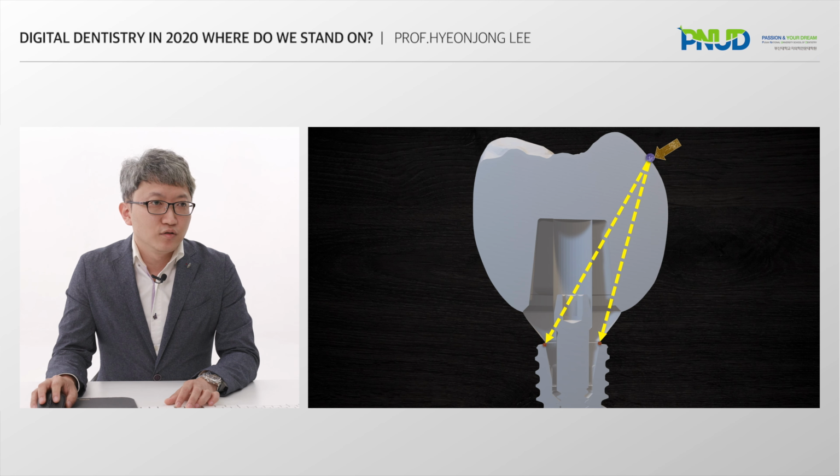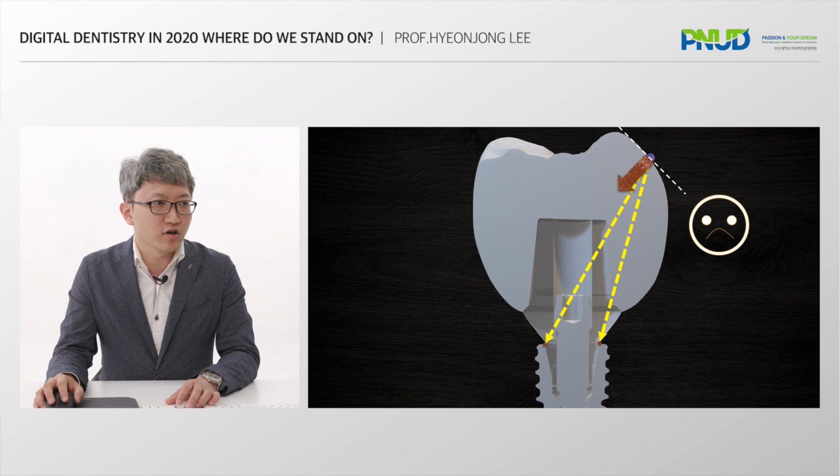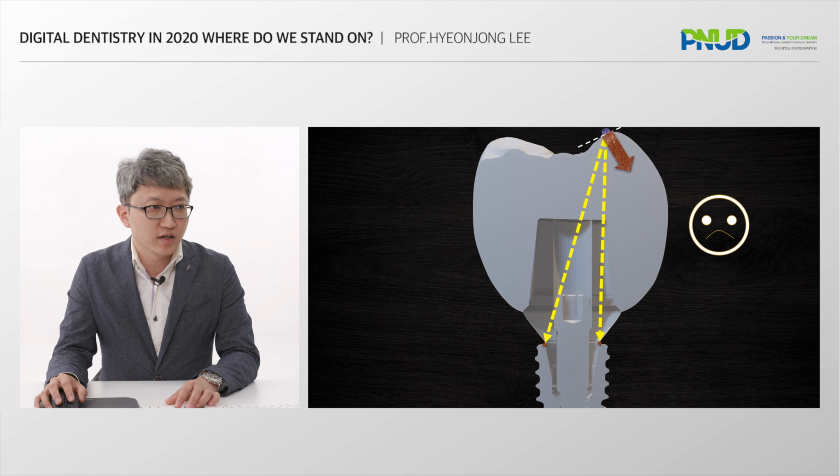Wherever the load is applied, the direction of external force is perpendicular to the tangent of the occlusal point. So this vector from the outer surface of the buccal functional cusp is directed a bit lingually, which would make rotational torque lingually. This is the fulcrum, and the lingual torque would occur, as you can see.